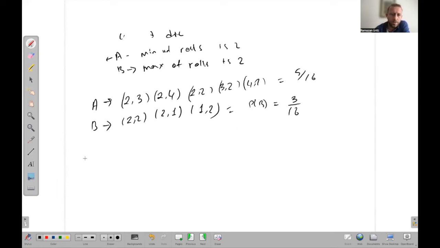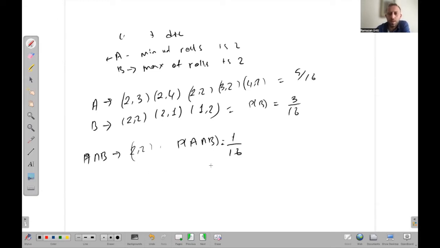So let's look at A intersect B. That means the minimum of the rows will be 2, and the maximum of the rows will be 2. In this case it is valid only for this one, right? 2, 2. So the probability of A intersect B will be 1 over 16, right?